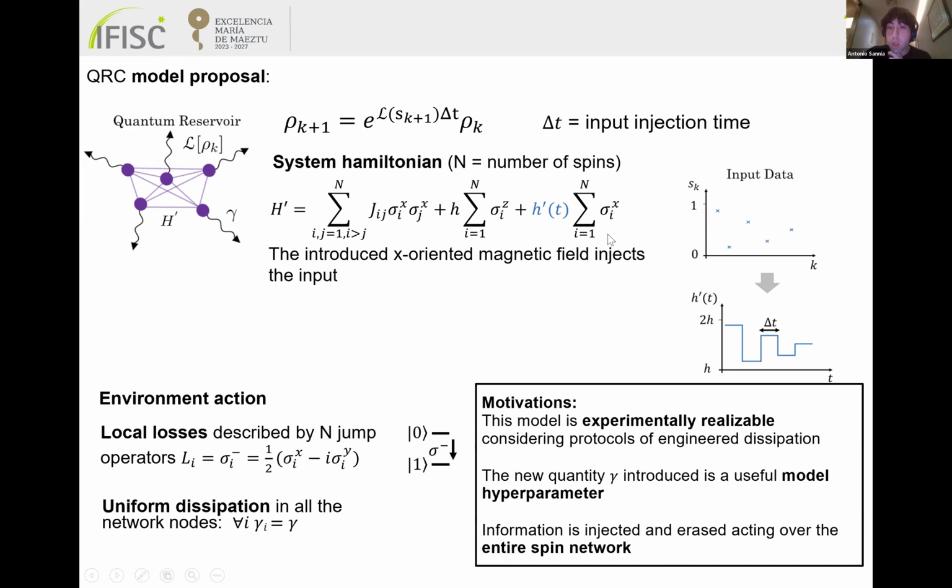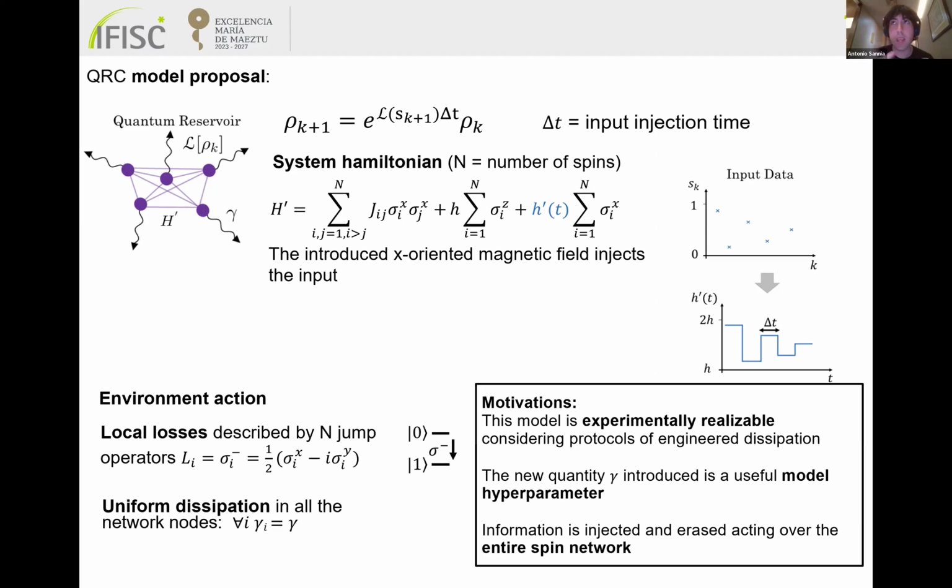Now, the motivation for this model proposal is that we know an experimental way to implement this kind of dissipation, through these sigma minus terms. Also, this gamma, the strength of the interaction with the environment, is a useful modeling parameter, as we found with our numerics. And now the information is injected and erased over all the spin network.